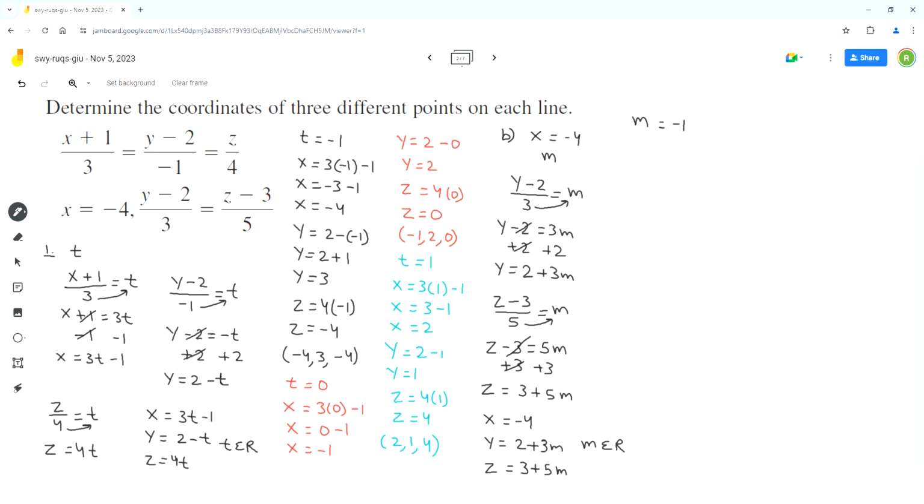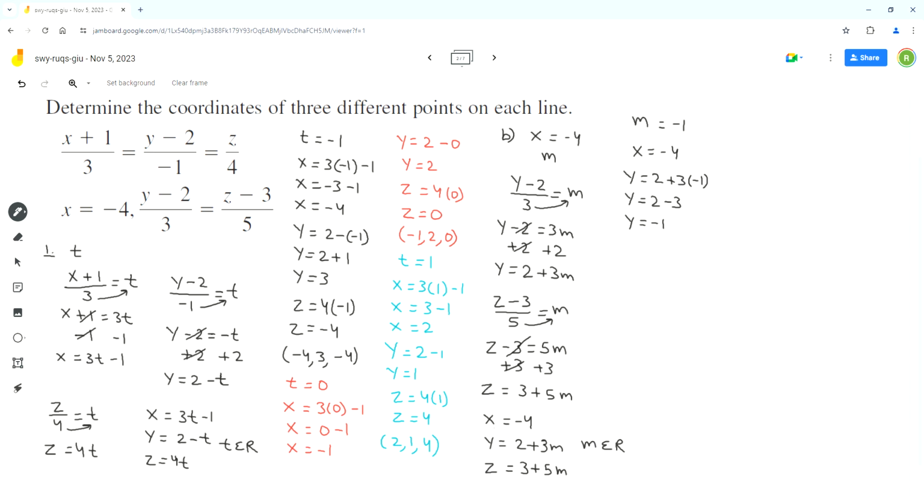Since there is no m term in the x equation, x will be equal to -4. Now we can sub in m as -1 in the y equation. I get y equals -1.